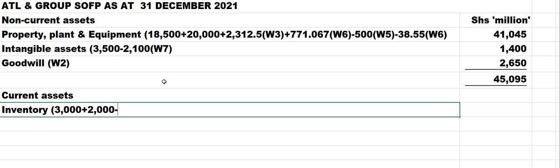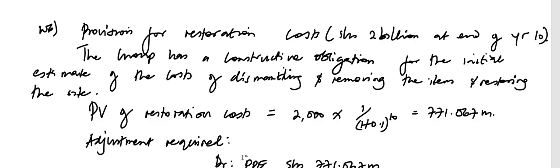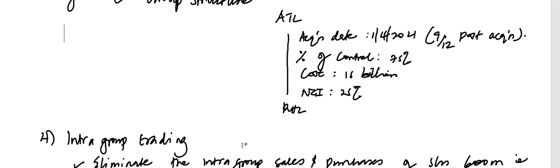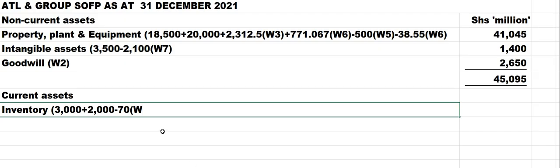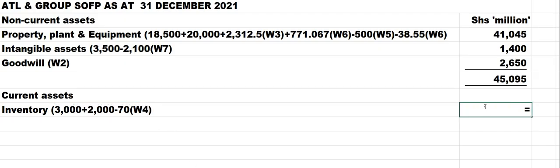Then we have to minus the provision for unrealized profit, that is 70, from working 4. 2,000 plus 3,000 minus 70 gives us 4,930.